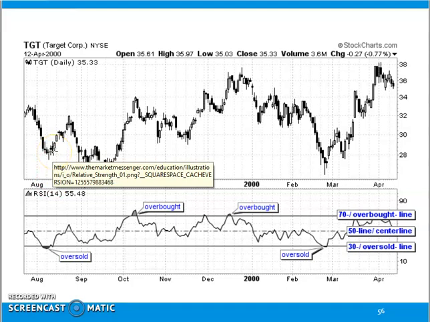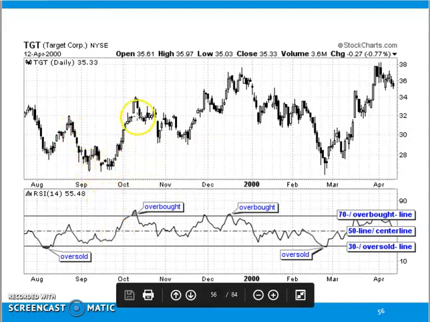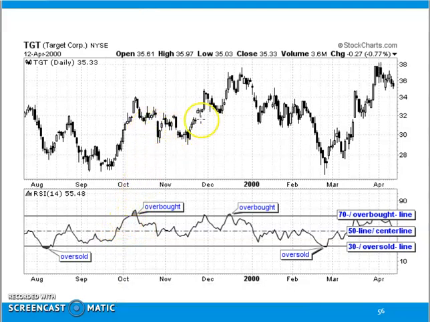When we look at the price, it increased, then turned back, started increasing again and continued to increase. We can see that whenever the RSI crosses the 50 center line, it keeps on increasing.